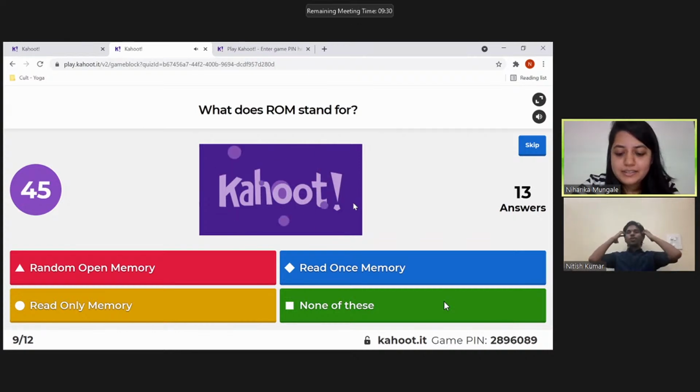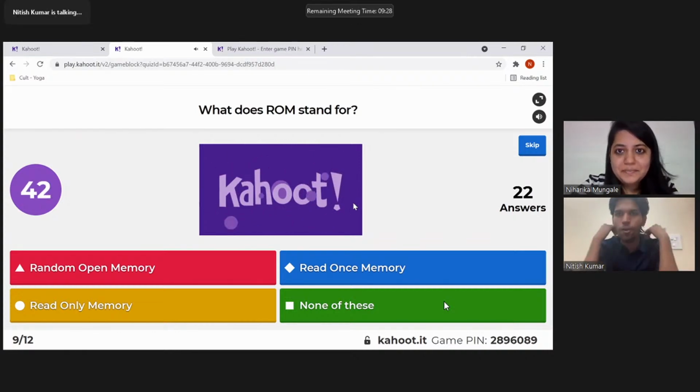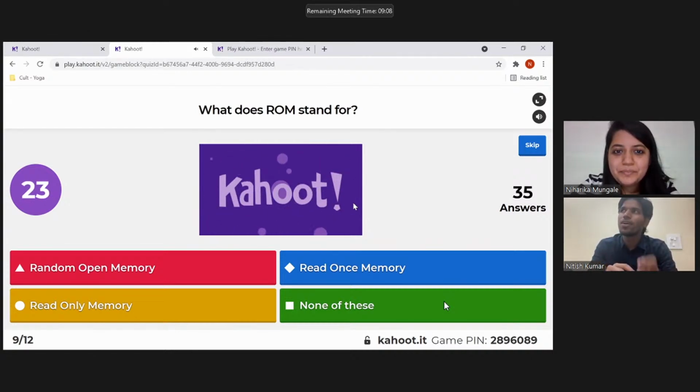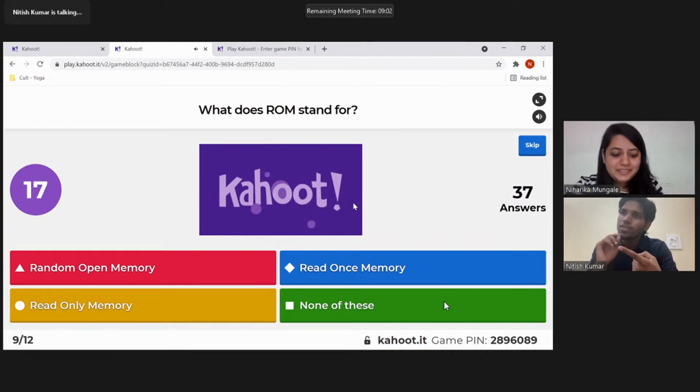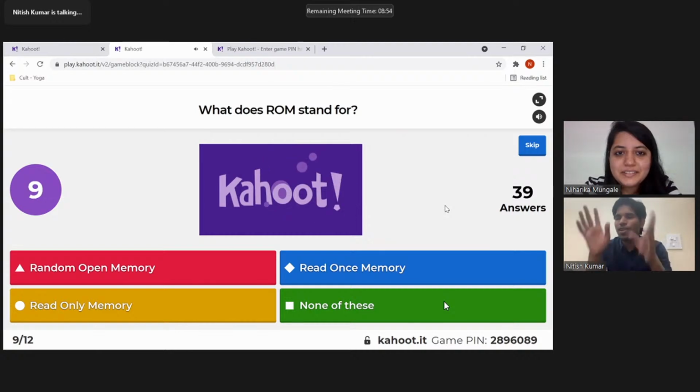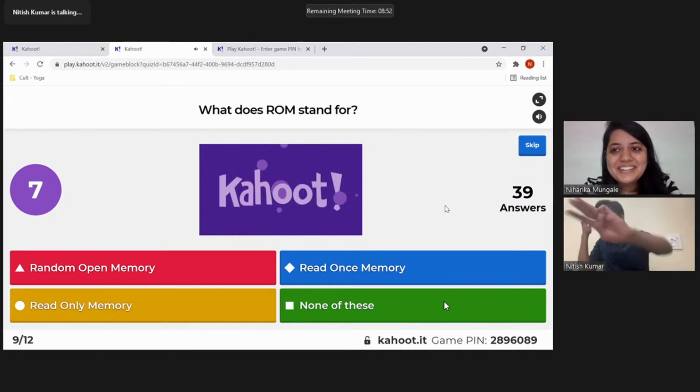Okay, so what does ROM stand for? Your computer has different types of memory. There's ROM, there's RAM, and even ROM and RAM have different categories. ROM has three categories: PROM, EPROM, and EEPROM.